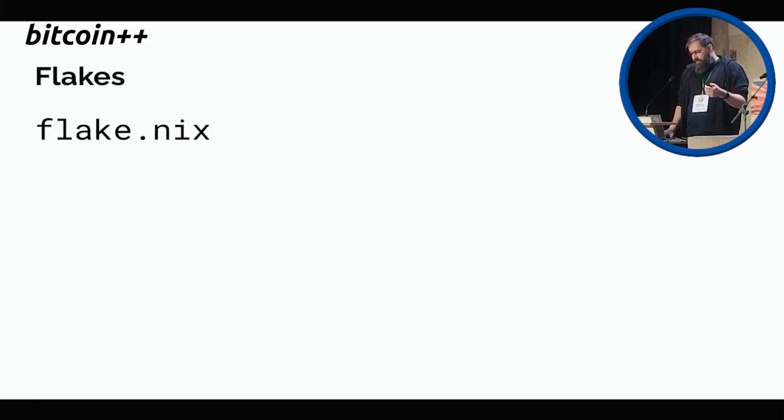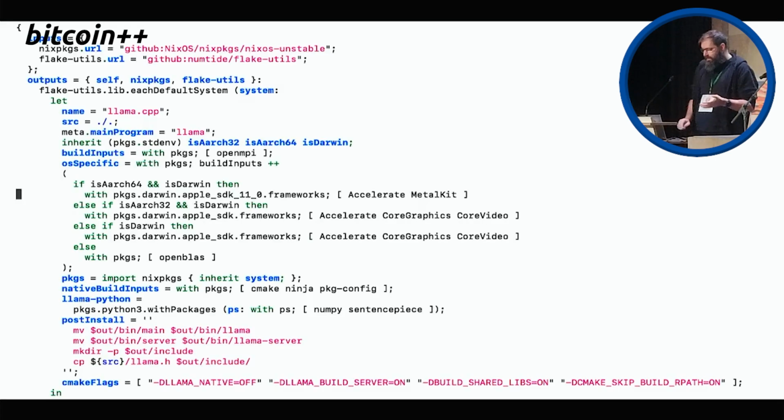However, there is a new approach to tackling the same problem, and it's called Flakes. The idea is, let's not use the shell.nix file, let's use the flake.nix file, which looks like this. I mean, it might be a little bit overwhelming and complex, but the bottom line from this slide is you can do basically the same things that you would do in a shell.nix file.